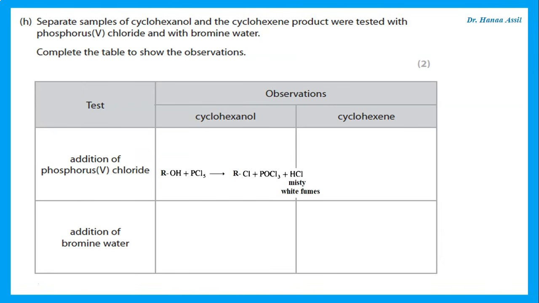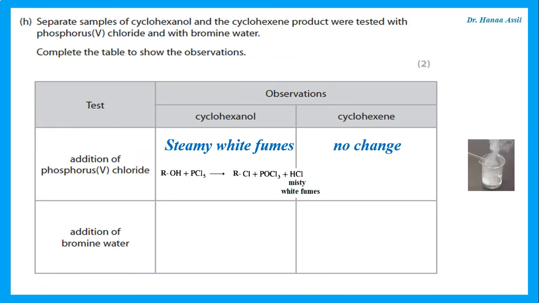So if we react the phosphorus pentachloride, it should give HCl fumes, which are misty white fumes. So cyclohexanol has an OH. It's an alcohol, so it would give steamy white fumes. What about cyclohexene? Cyclohexene is an alkene. Alkenes do not react with phosphorus pentachloride, so there will be no change.